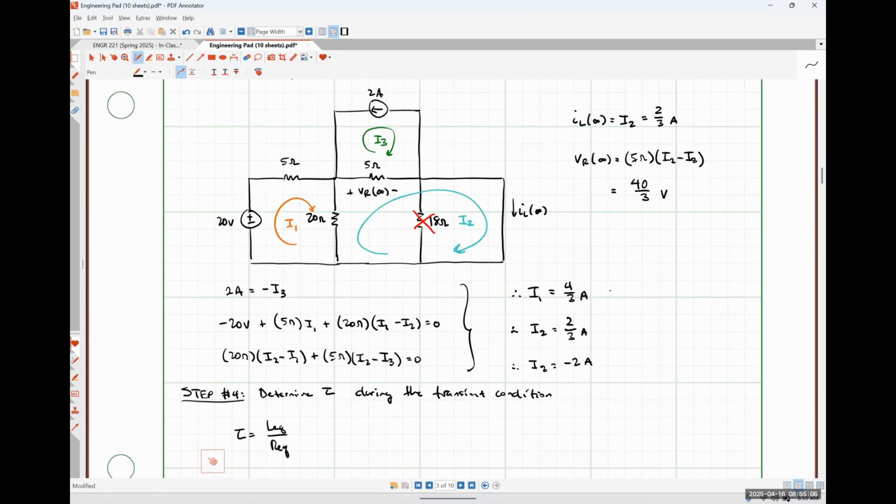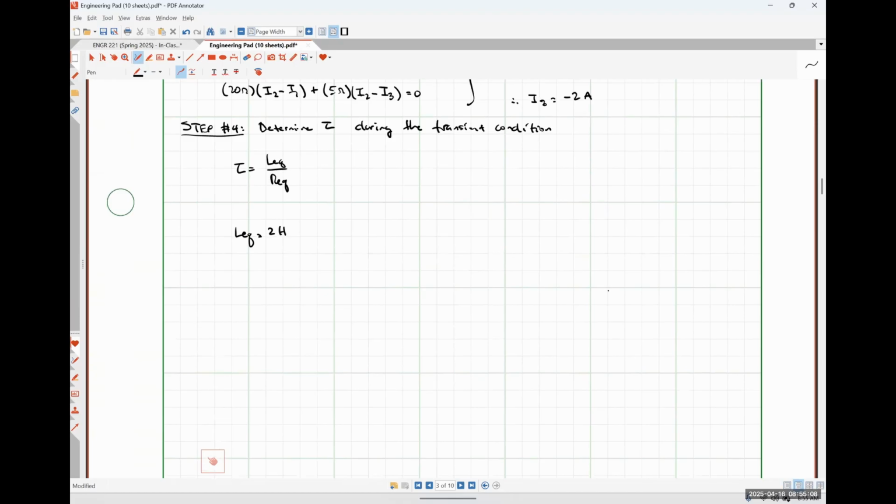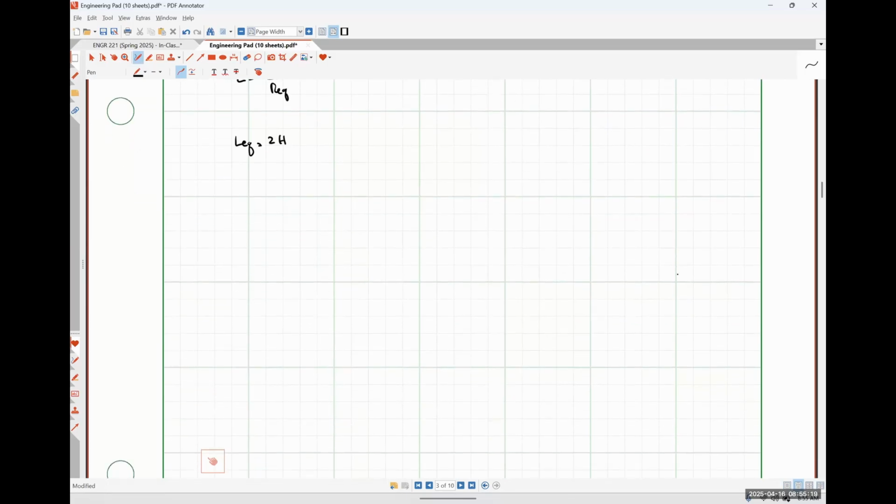To find R, we need to find the equivalent resistance or the Thevenin resistance as seen by that inductor during the transient condition, okay? So I'm going to draw my circuit during the transient. So here's my 20-volt source.